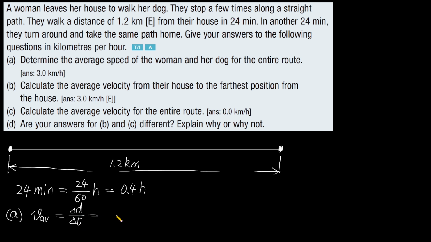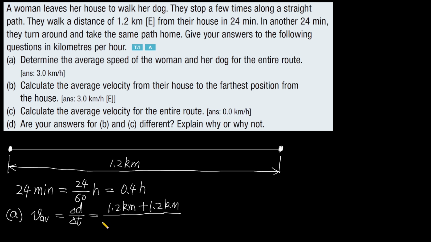They walk from their home to the farthest position, and then they walk from the farthest position back to their home. So the total distance of the entire route is 1.2 kilometers plus 1.2 kilometers.